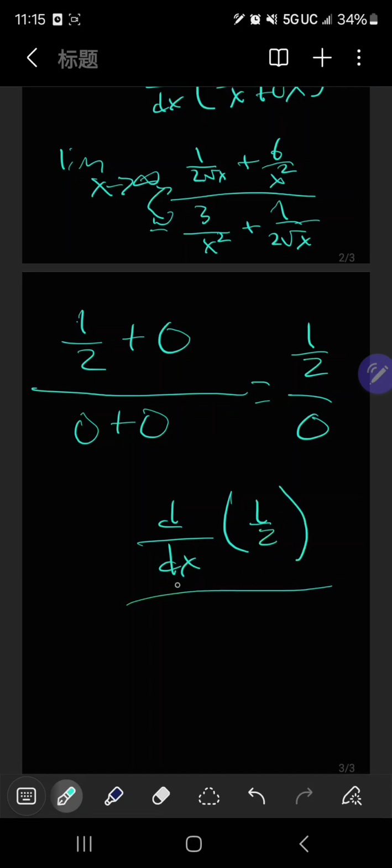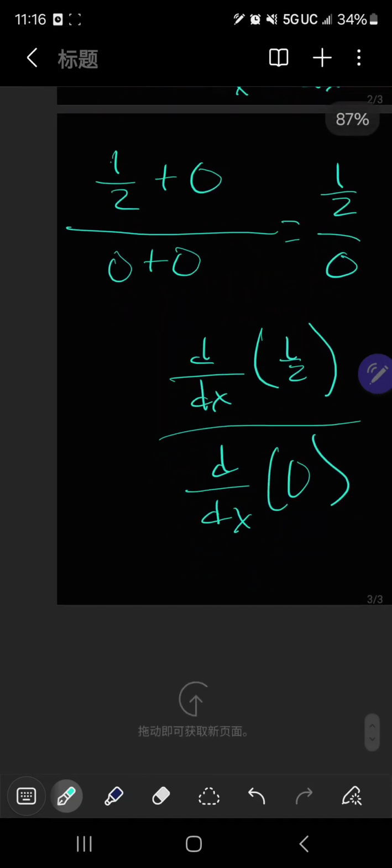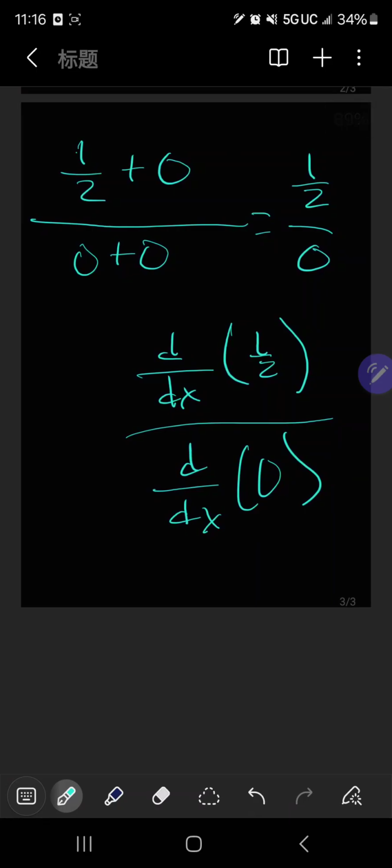If we take that, then we get 0. So the limit as x approaches infinity is 0 over 0, and so it equals 0. There you go.